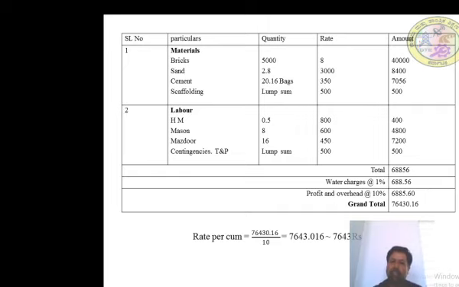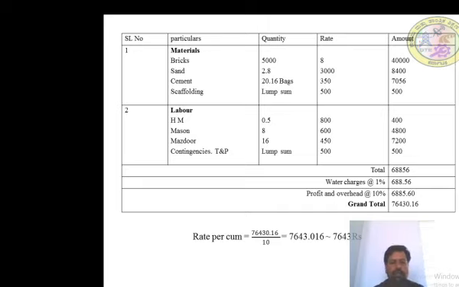68,856. Water charges at 1% is 688.56 rupees. Profit and overhead at 10% is 6,885.6.